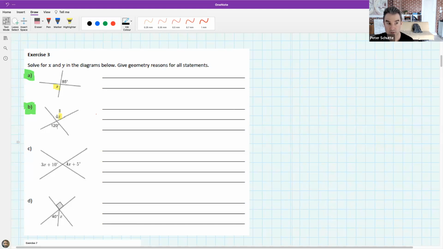And if you can do reasons, that would be great. But initially, for A, put your answer in the chat. And then for B, put your answer in the chat. Because one of the things in circle geometry is we often have lines that cross each other, and we need to know a little bit about that relationship as well.